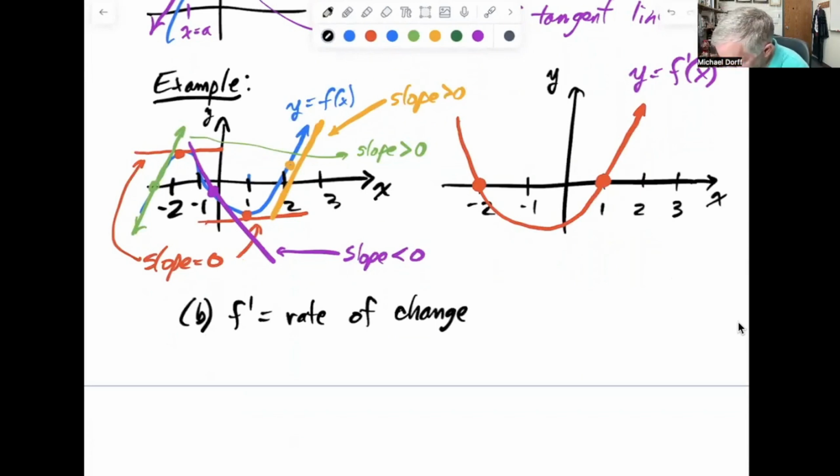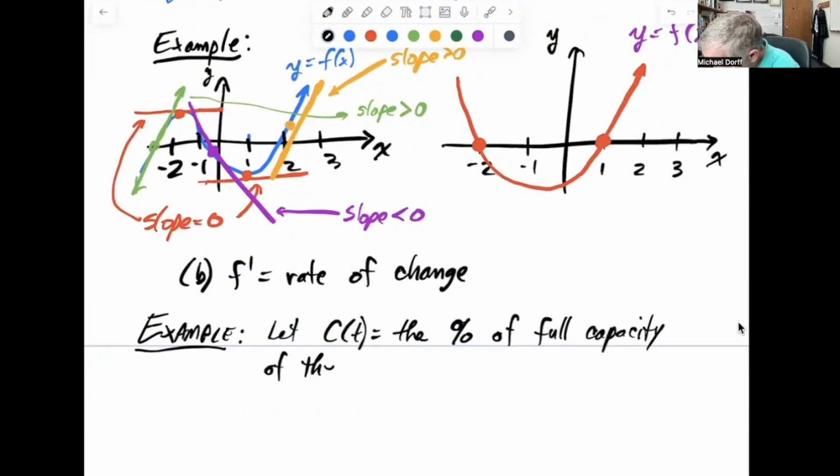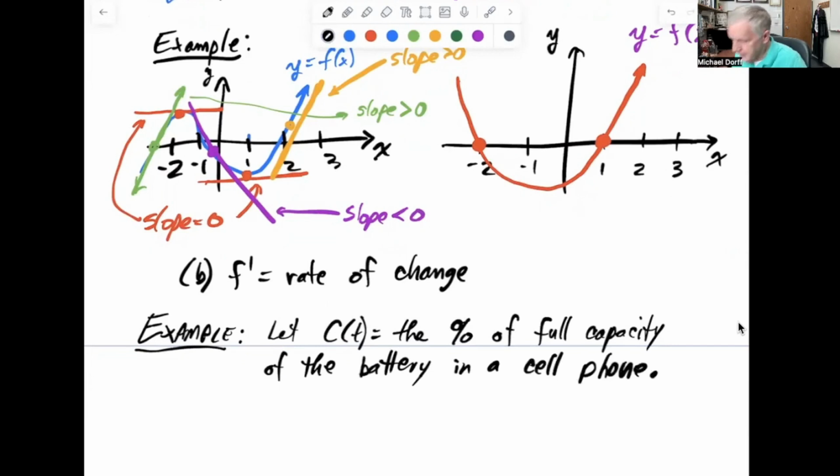All right. So for example, suppose, let C equal the percentage of full capacity of the battery in a cell phone. And t equals time, and we'll just say maybe in hours. So it could be like at 0 hours, my cell phone percentage is at 10%.